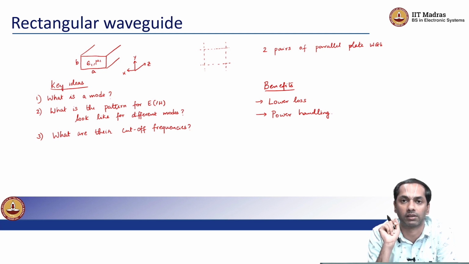This can lead to breakdowns in the dielectric that separates the central signal conductor and the ground conductor, and is often the source of failure when I am trying to transport very large voltages, right.